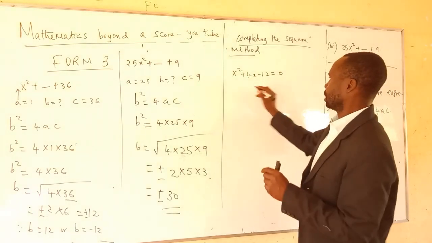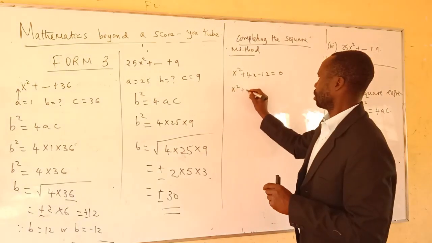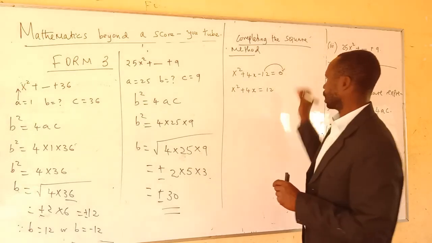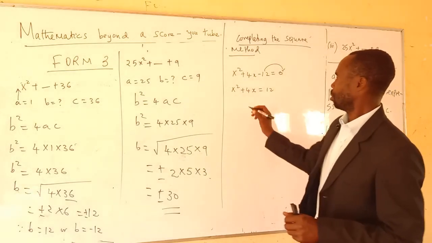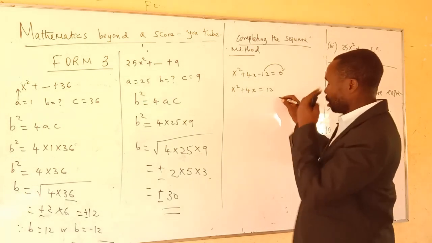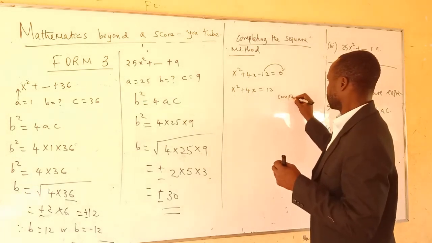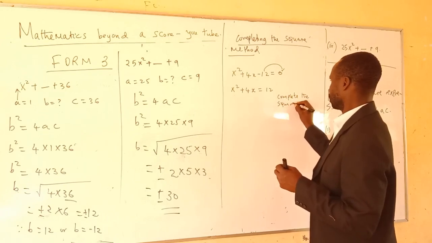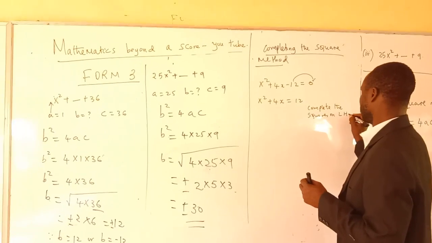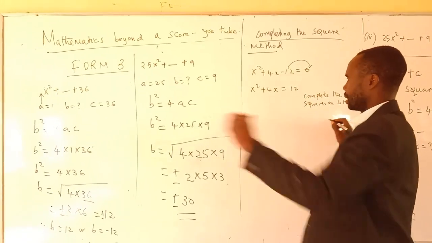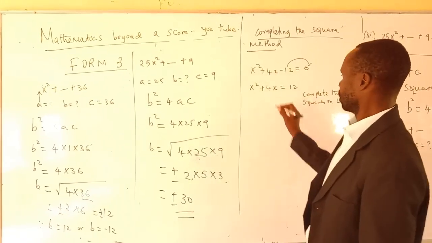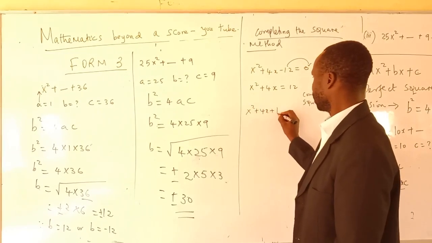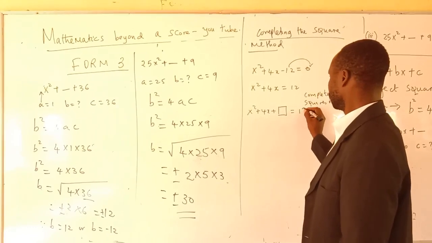It is extremely easy. You write x squared plus 4x equals 12. The 12 goes to the other side to be a plus. After this, complete the square on the left hand side. To complete the square here, you write x squared plus 4x plus a box, equals 12.